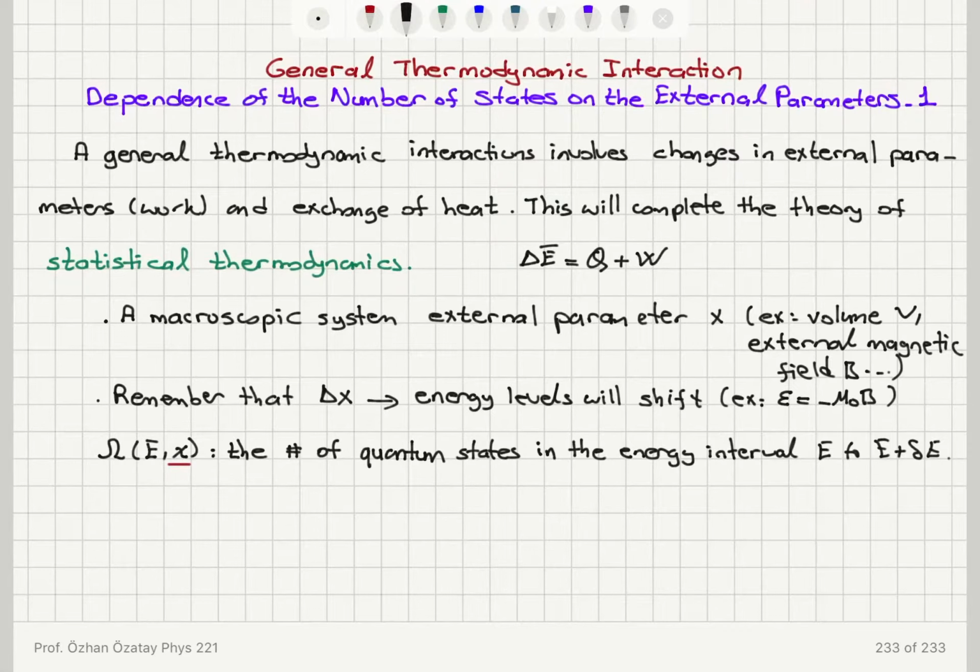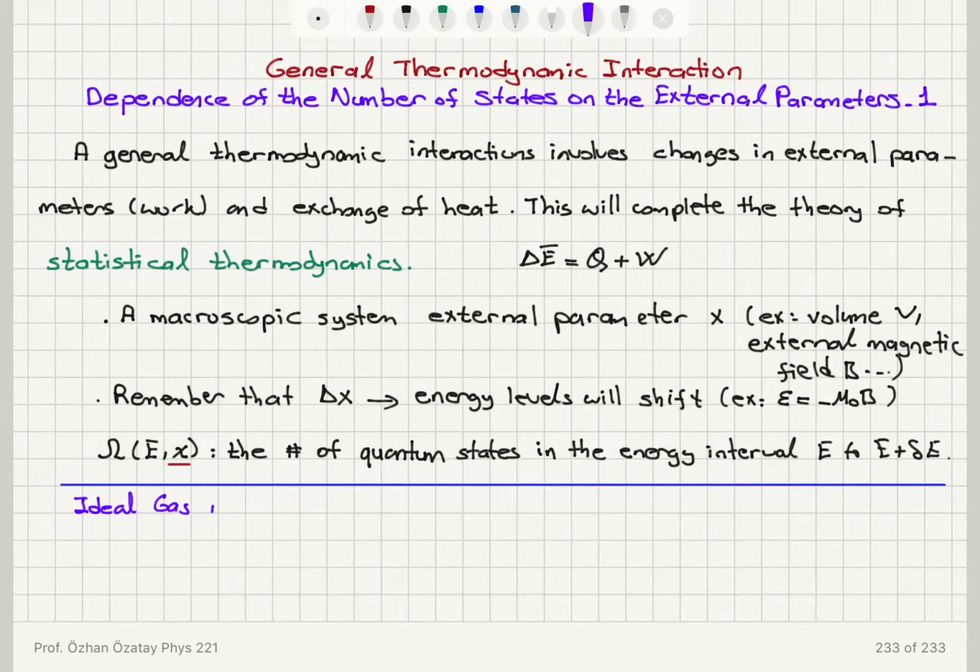Now, in order to demonstrate this, I'm going to consider as an example an ideal gas in 3 dimensions. So this is a system we have considered before. So ideal gas in a 3-dimensional box.